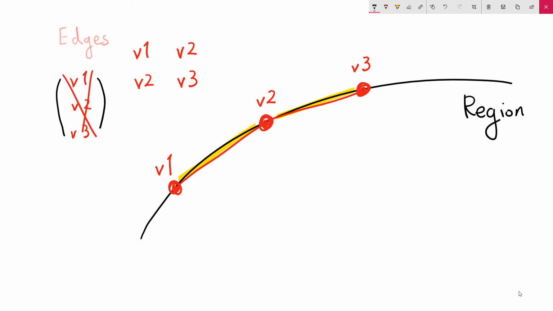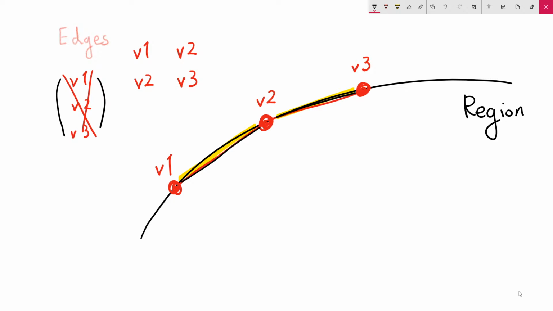Then later, if we try to build the edges out of it, we have to think about whether V1, V2 really exist. Yes, in this case, it exists. And an edge connecting V2, V3 exists.